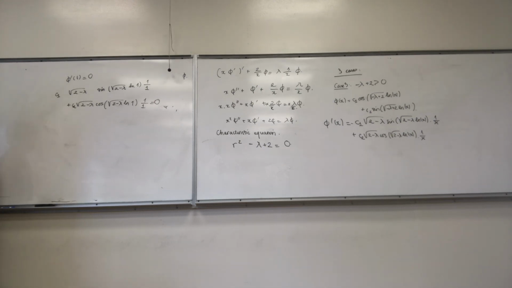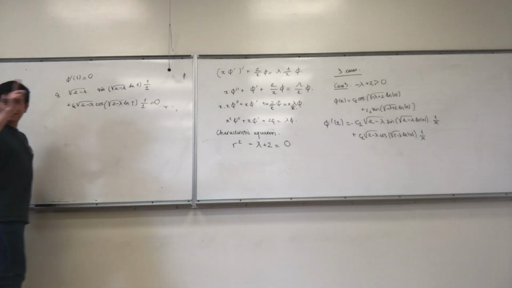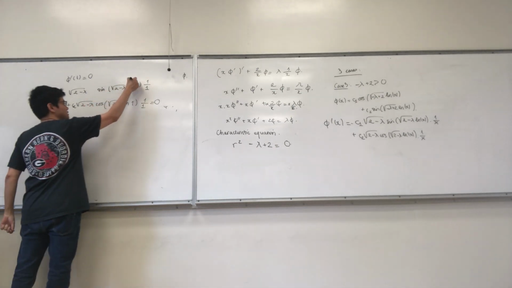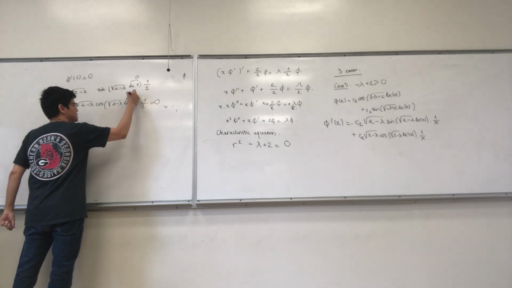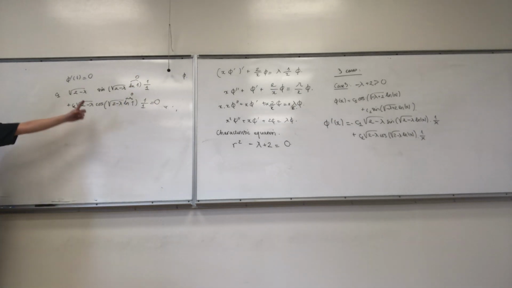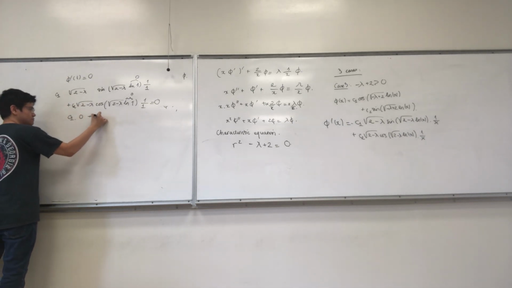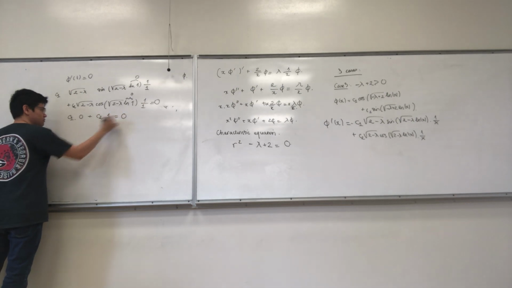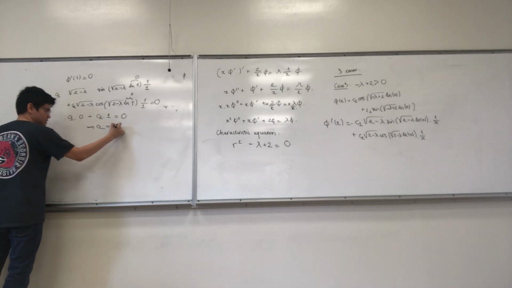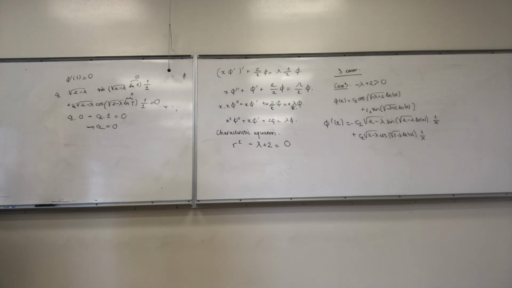So what is the conclusion of this case? Yes, C2 is 0, right? Log of 1 is 0, which means the sine of 0 is 0, and cosine of 0 is 1. So I have C1 times 0 plus C2 times 1 is 0, which means that C2 is 0.